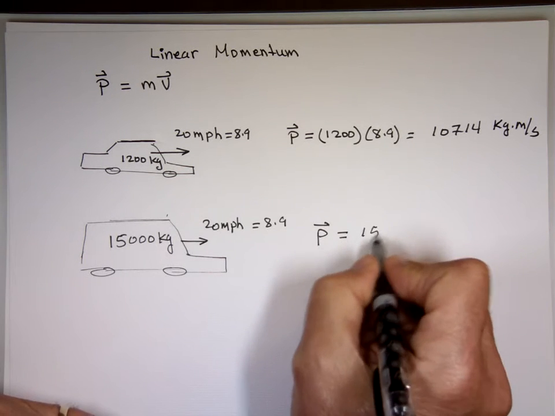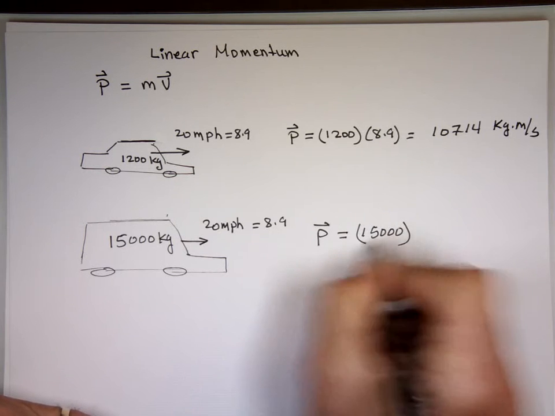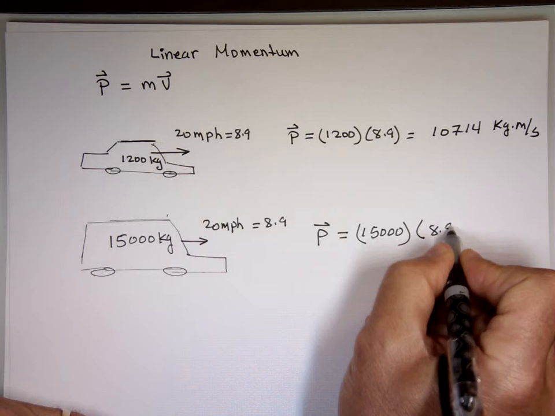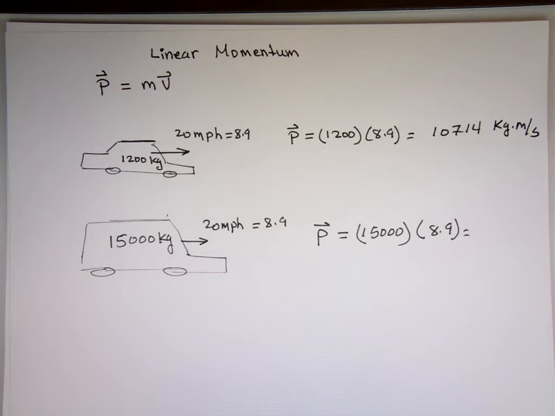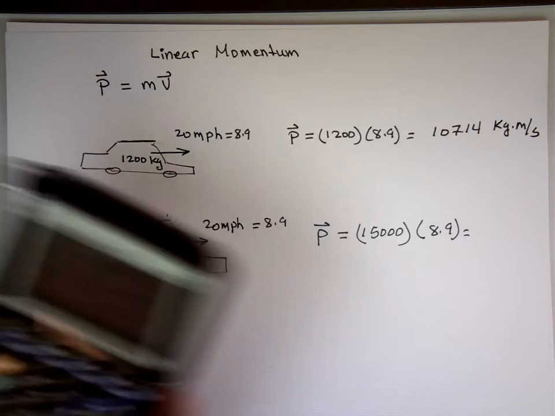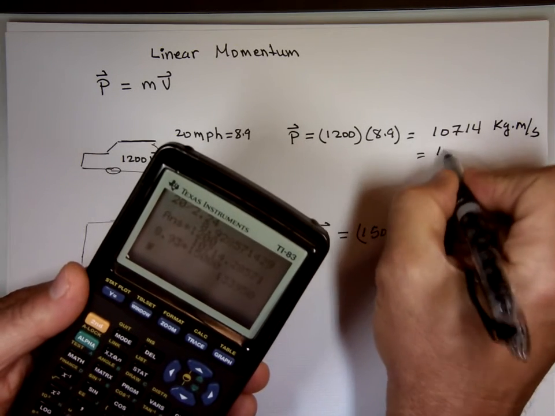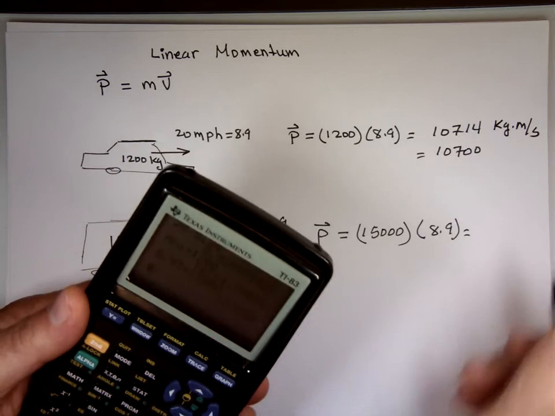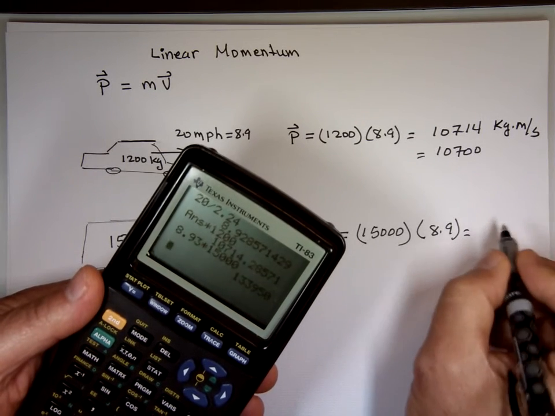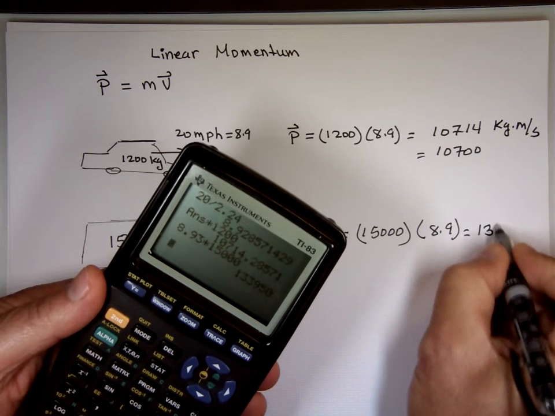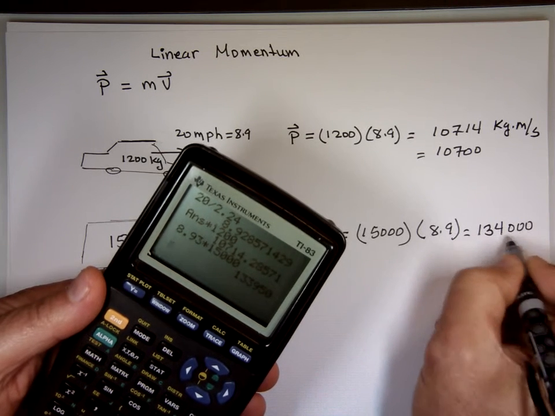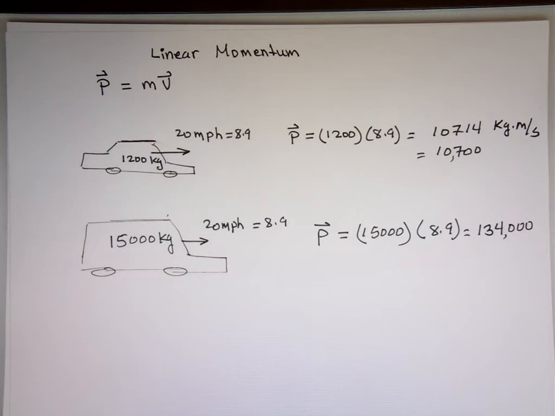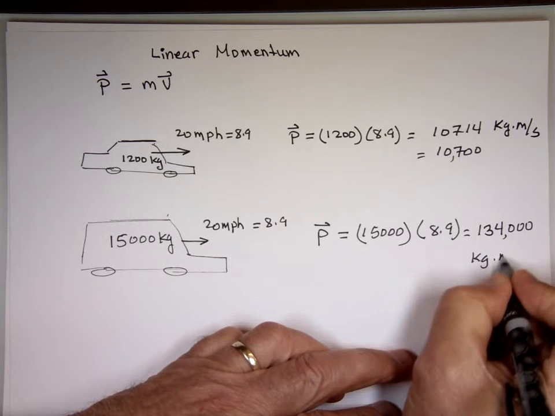It's going to be 15,000 times 8.9. With three significant digits, this will be 134,000 kilogram meters per second.